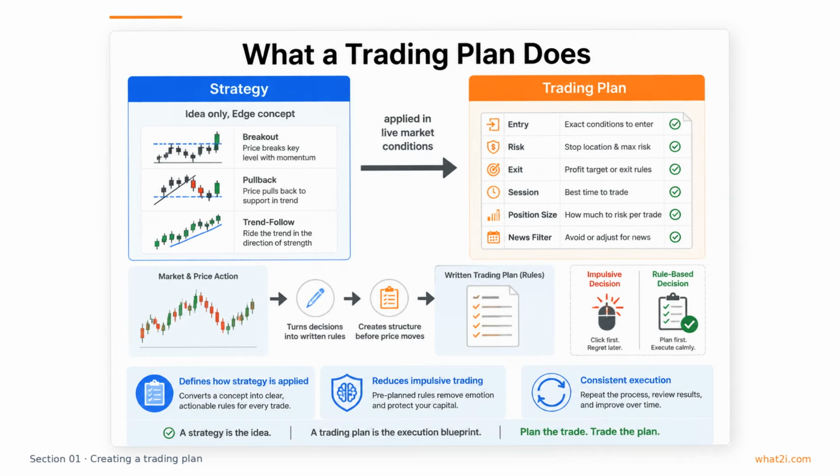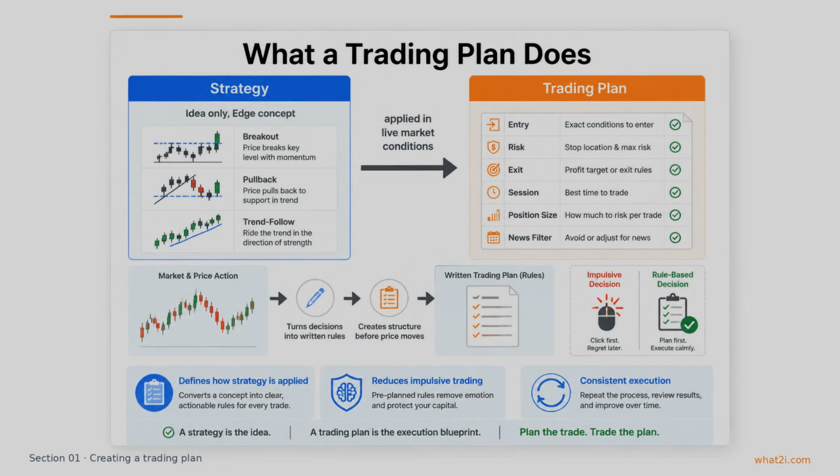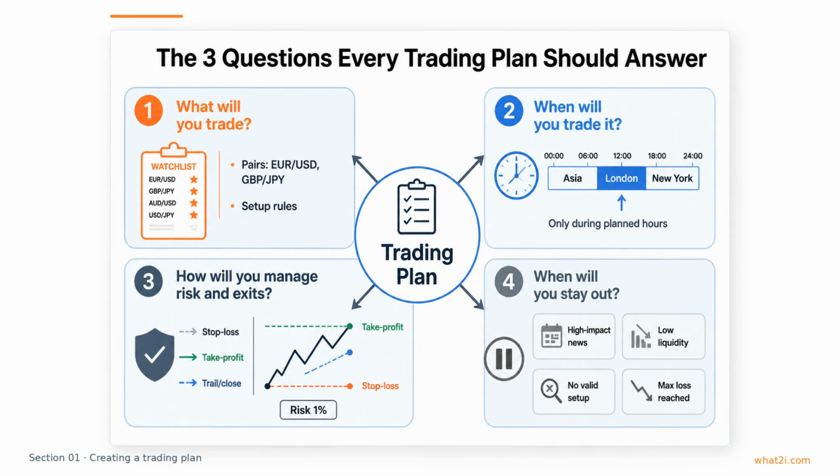In practice, the trading plan is what helps two similar chart patterns lead to one consistent response instead of two impulsive ones. A good trading plan should answer a small set of questions before you ever open a trade. First, what exactly will you trade? Which pairs, which setup types, and on which time frames? Second, when will you trade them? Because timing includes both the session and the conditions you want to see.